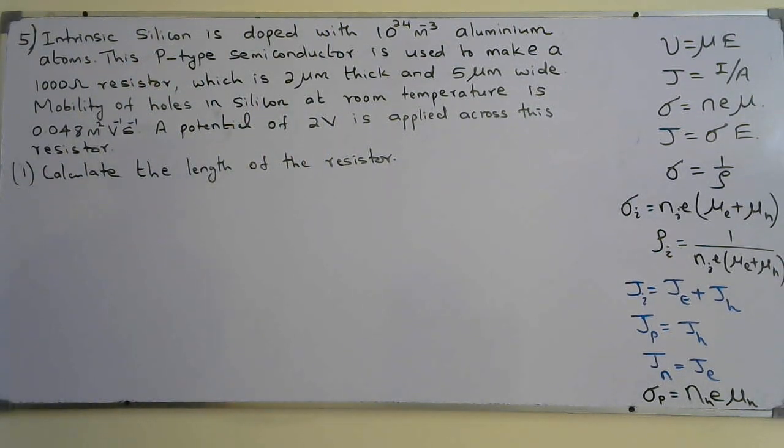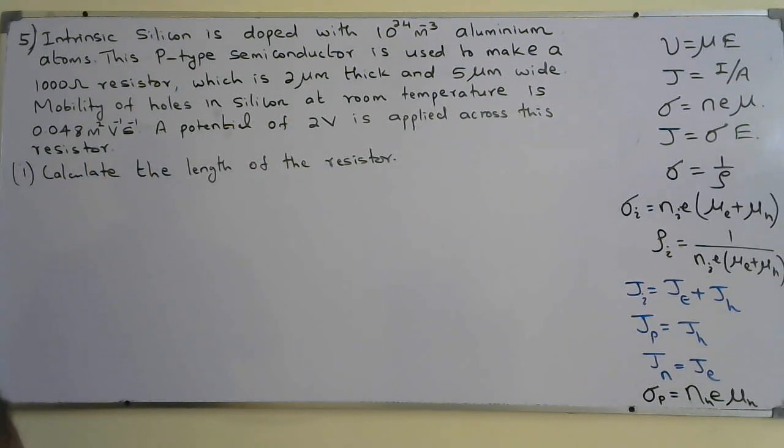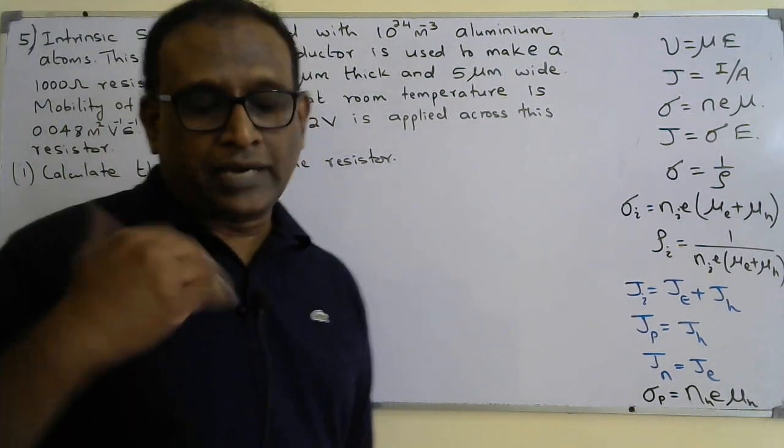This p-type semiconductor is used to make a 1000 ohm resistor which is 12 micrometer thick and 5 micrometer wide. Mobility of holes in silicon is given, it is 0.048. A potential of 2 volt is applied across this resistor. Calculate the length of the resistor. So that's the first part. This question has 4 different parts, so we'll discuss part by part.